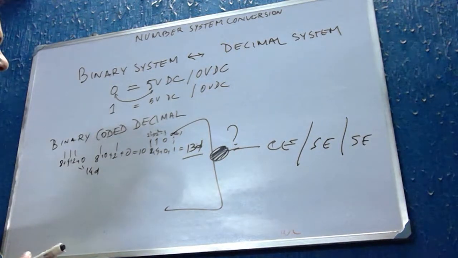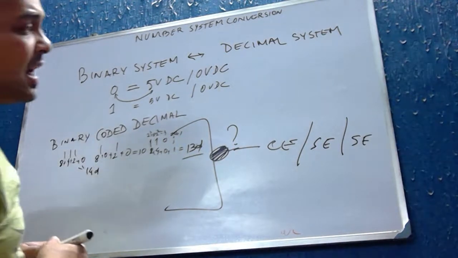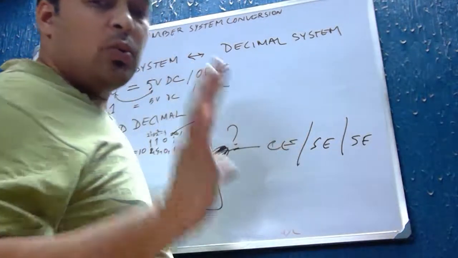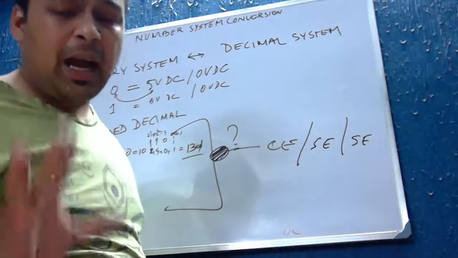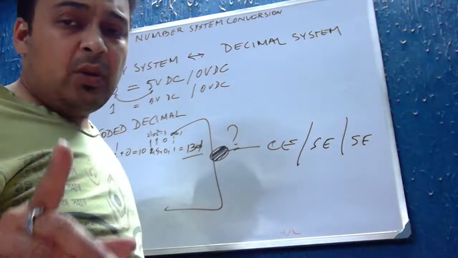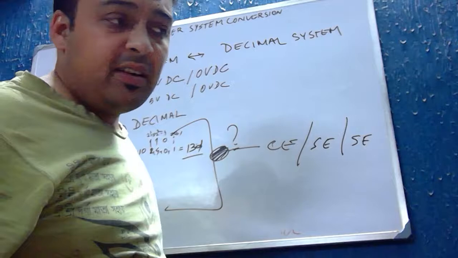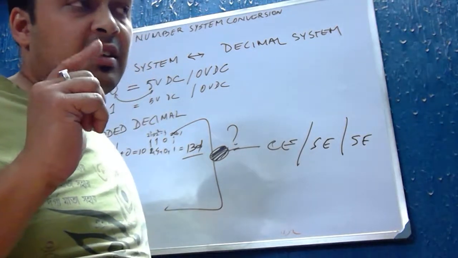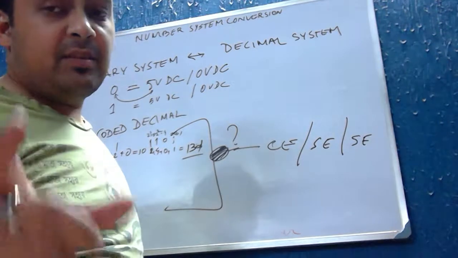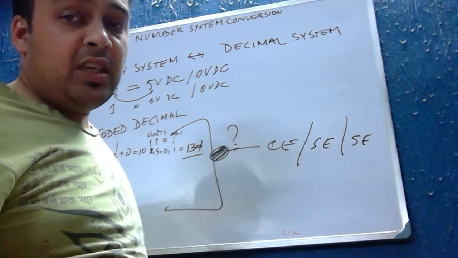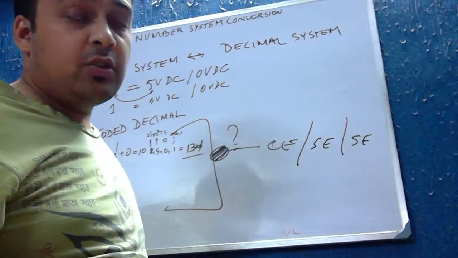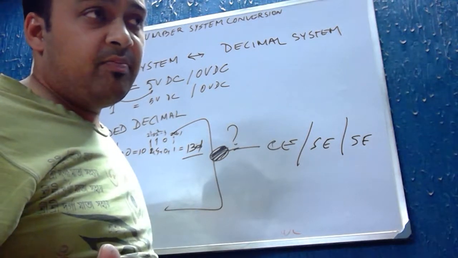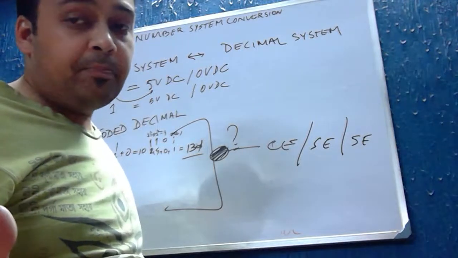So this is nothing but a binary coded decimal. I'll just give you a binary coded decimal over here. I'm just telling you, it's very much required for displaying in the LED systems, where you see, in the platforms or wherever, a 7 segment display.